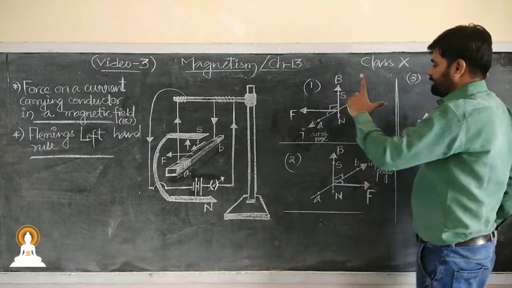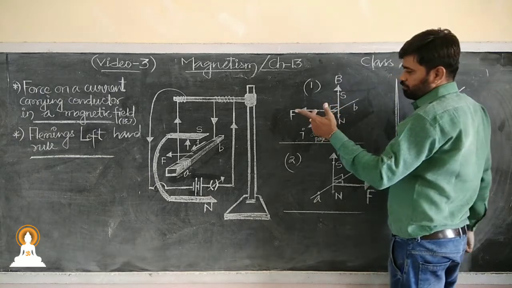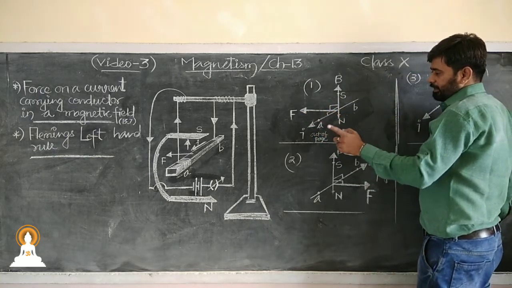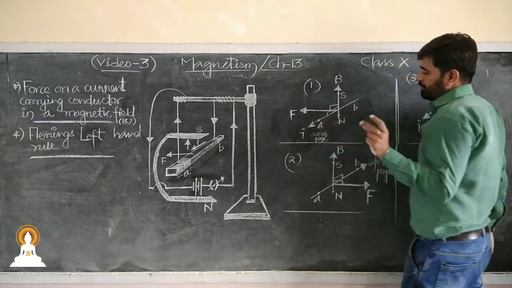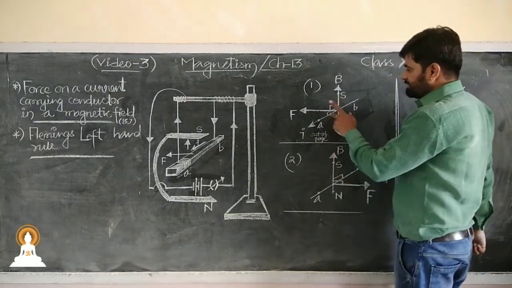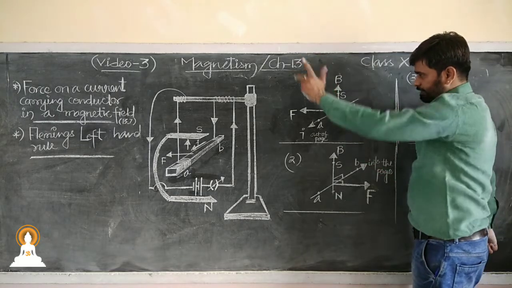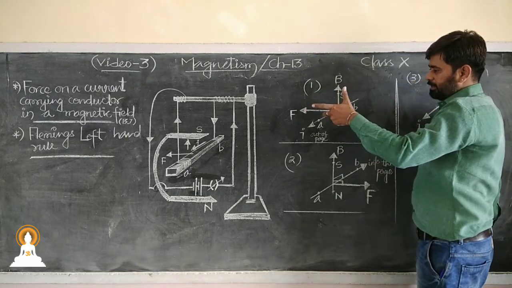The thumb is the direction of force, the index finger is the direction of magnetic field, and the middle finger is the direction of current.